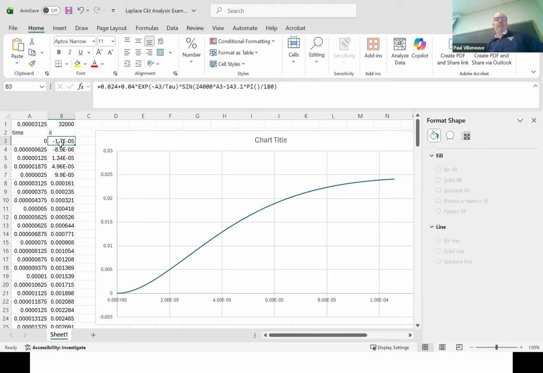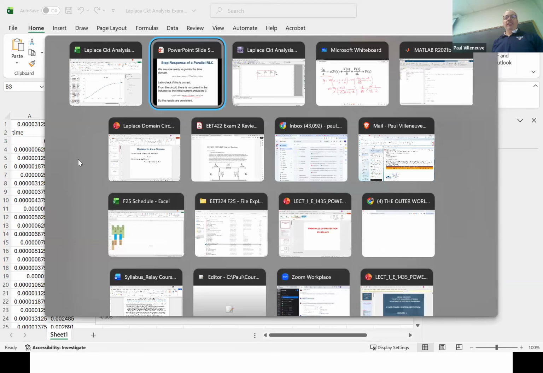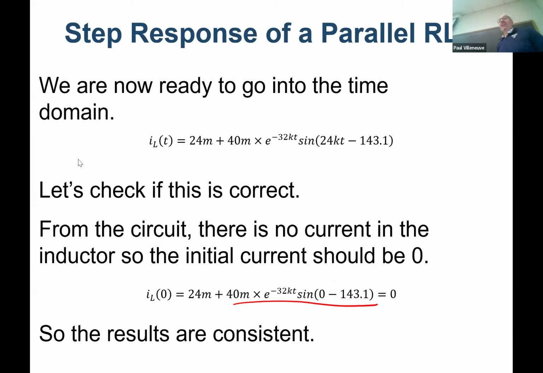Now, anybody have any problem with some negative currents here? No, it just means it's going against the direction that you chose. Well, it wouldn't actually be negative. That is the problem with precision. When I did this work here, I said minus 143.1. It's probably minus 143.12 and so on.